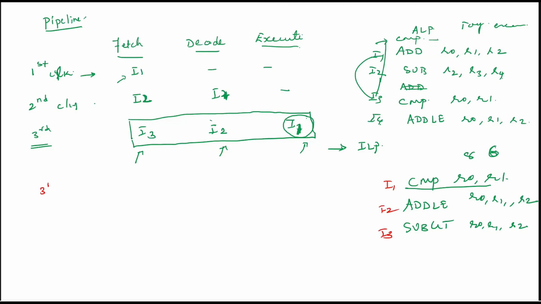At the third clock cycle, you have instruction three here, instruction two here, and instruction one here. Instruction one is the compare instruction, comparing r0 and r1. I put the values as 8 and 6. When it is comparing, what will happen? Will the add less than instruction execute?